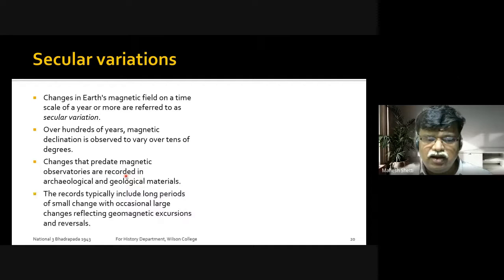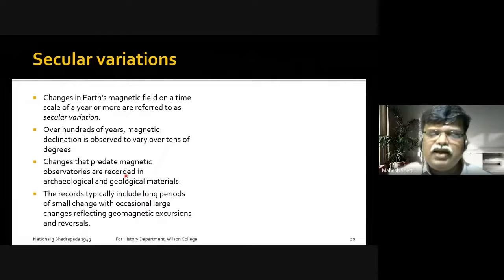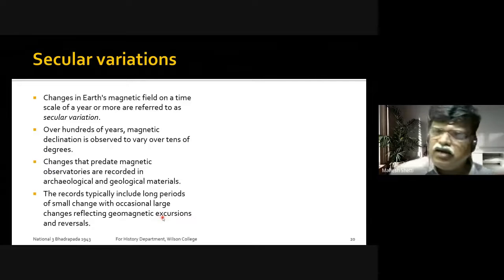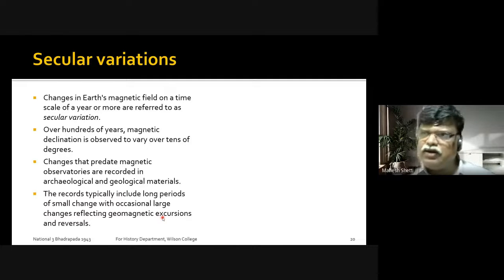The records typically include long periods of small changes with some occasional large changes reflecting something called geomagnetic excursions and reversals. But the most recent big excursion happened some 40,000 years ago or so, so that's a very long period.